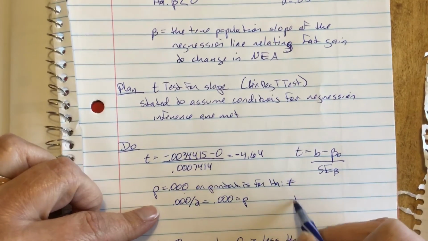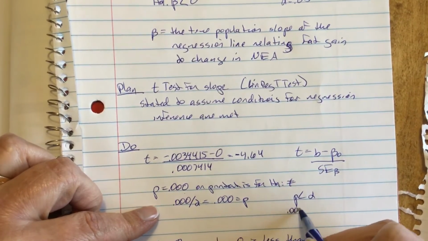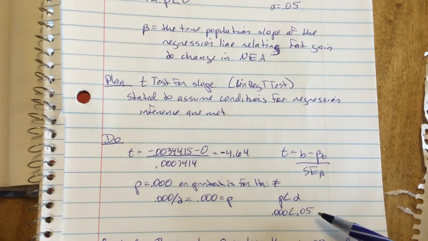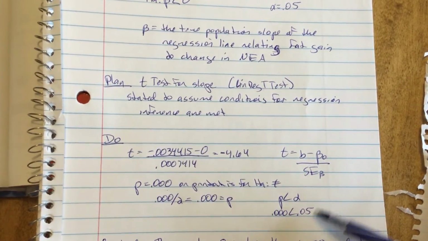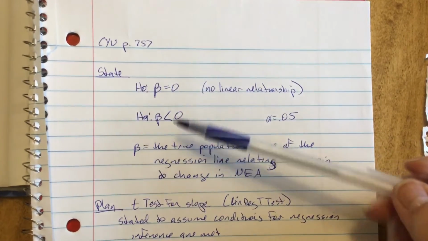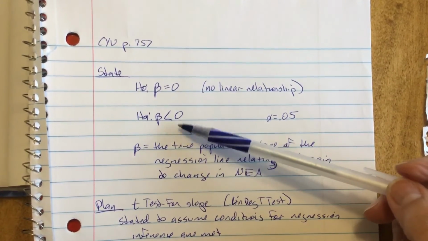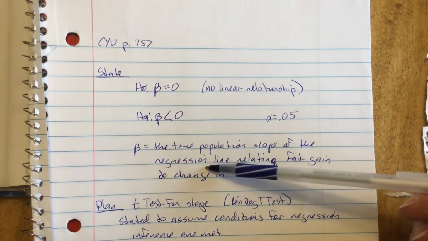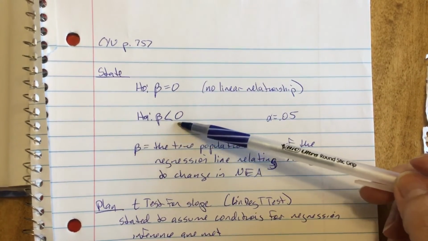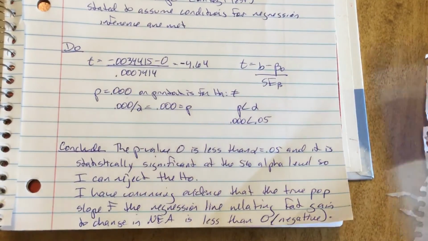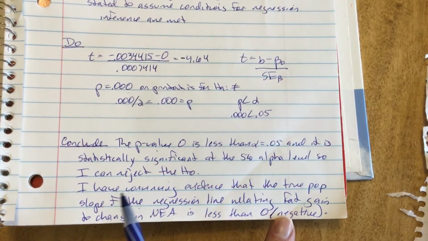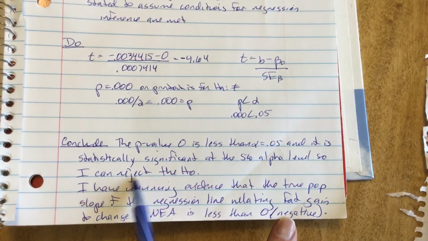So let's compare p to our alpha, and of course at 0, it's going to be less than any alpha. So I know I can reject the Ho. If I reject the Ho, I have convincing evidence that the true population slope of the regression line relating fat gain to change in NEA is less than 0, or it is negative. Okay, so let me show you that. So my p-value of 0 is less than alpha, and it is statistically significant at that alpha level, so I can reject the Ho.